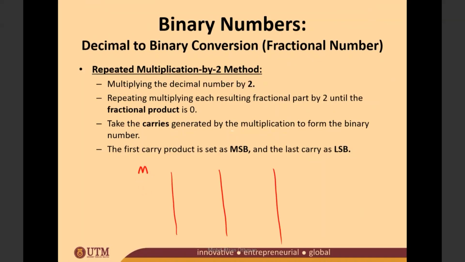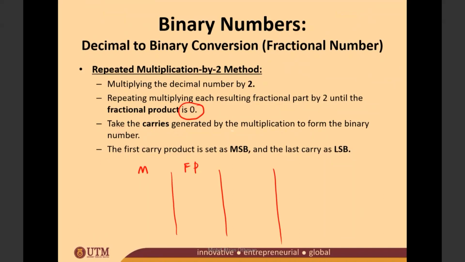Okay. And repeating by multiplying each resulting fractional part. Okay. So this is the fractional product FP. Okay. Hasil darab. Okay. Sampailah the fractional product produce 0. Okay. And then after the fractional product produce 0, take the carries.